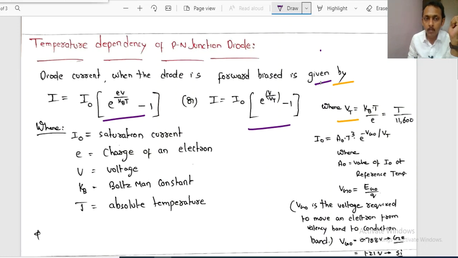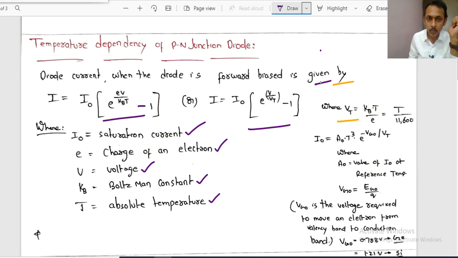Now in this formula, I naught indicates the saturation current, e indicates the charge of an electron, V indicates the voltage, Kb is the Boltzmann constant, and T indicates the absolute temperature. So the relationship has an exponential term. The current through the diode is given by I equals I naught e power eV by kBT minus 1.